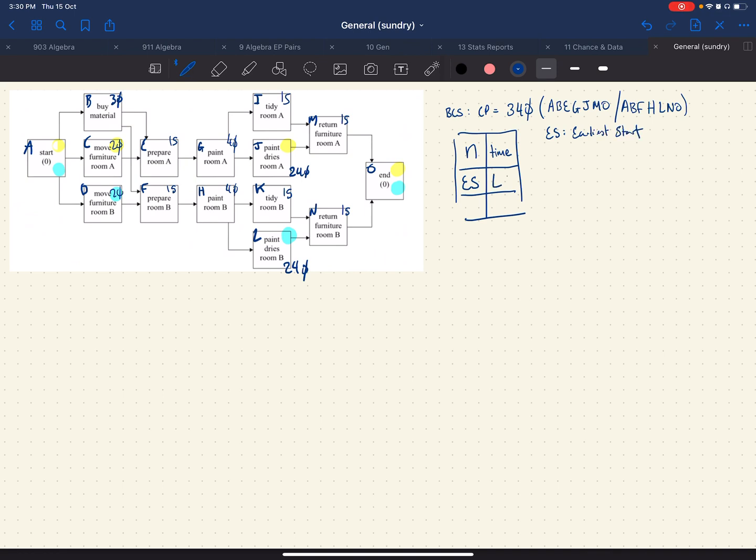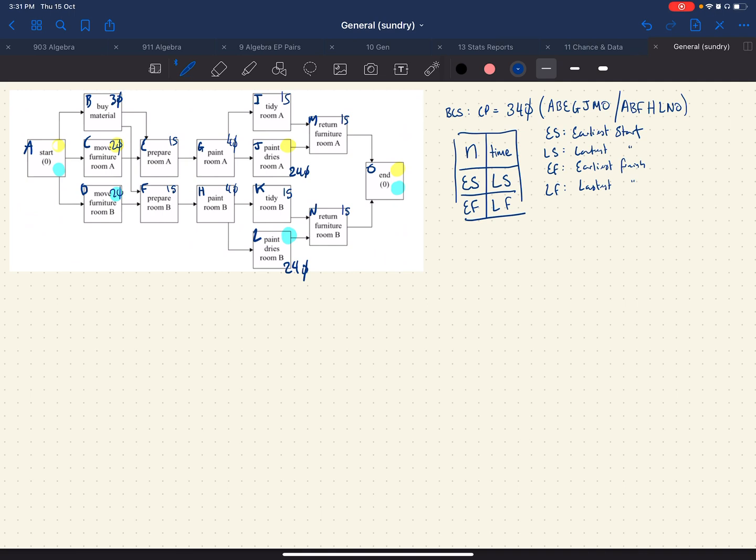And then latest start, so LS is latest start. Earliest finish, latest finish. This is all about project management, so knowing when things need to be finished and when they need to start by.